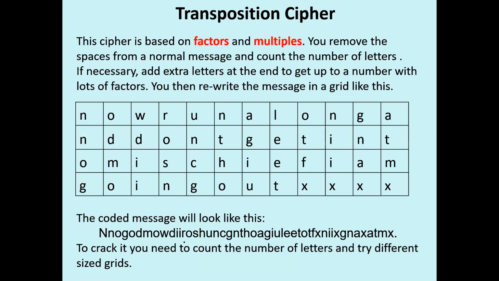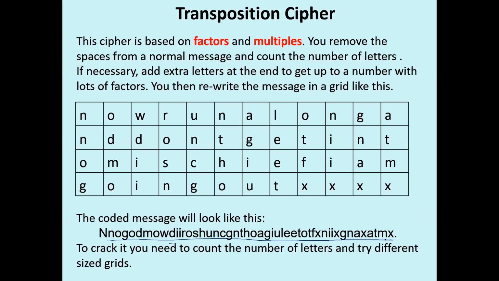For this, the first thing to do is to count the number of letters. You can see that in total there are 48 letters. So you need to think of the factor pairs of 48. We could have 24 and 2, or 12 and 4, 48 and 1. And again, you just need to try them.